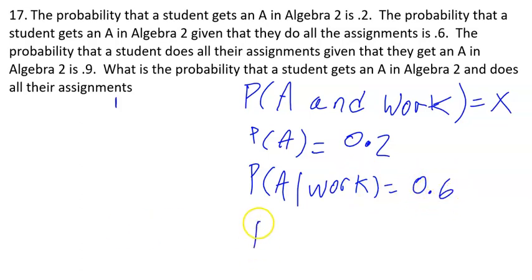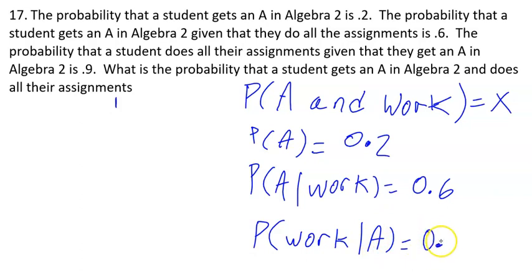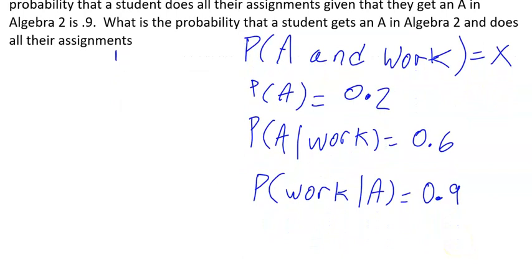And they're telling us the probability that they did all of their work knowing they have an A is 0.9. Alrighty, so we want to find the and, and they gave us the A, and they've given us these conditional probabilities.